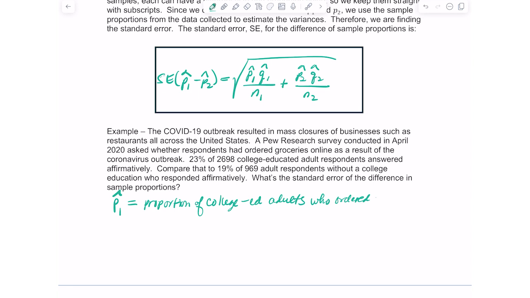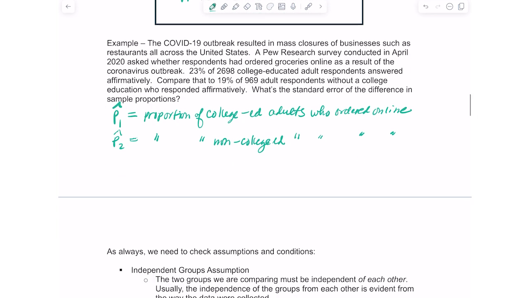And then p hat 2 is going to be the proportion of non-college educated adults who ordered online. So I need to look at the standard error of p hat 1 minus p hat 2.